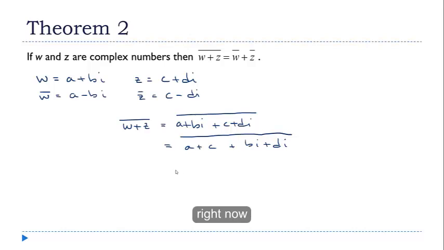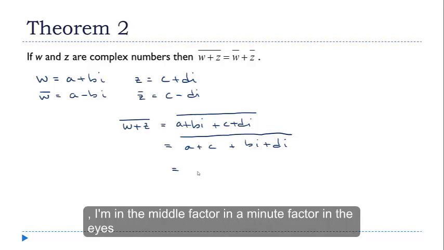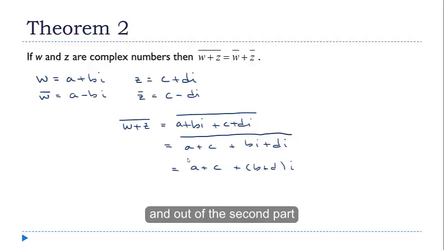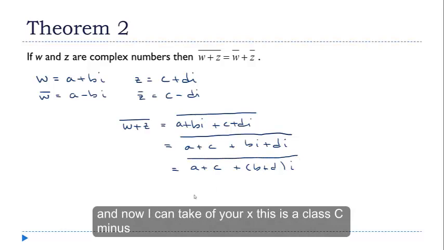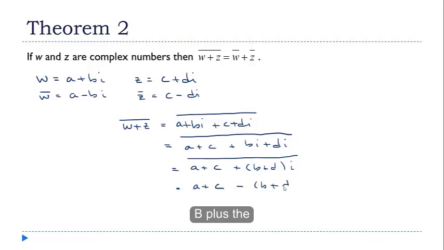Now I'm going to do a little factoring. I'm going to factor the i out of this second part, and now I can take the conjugate of this. This is a plus c minus b plus d times i.